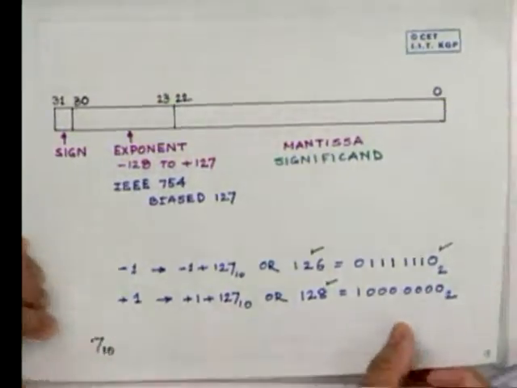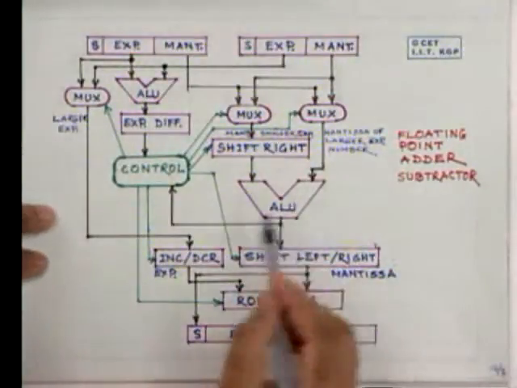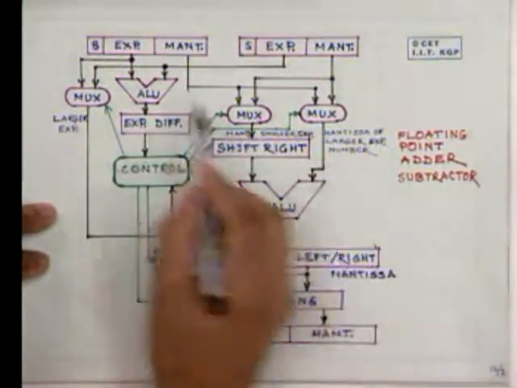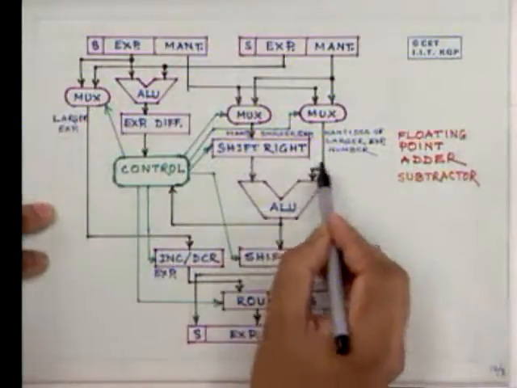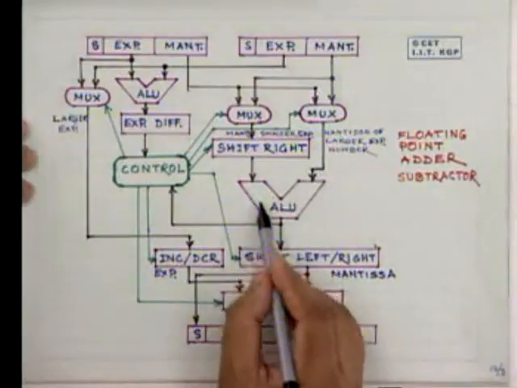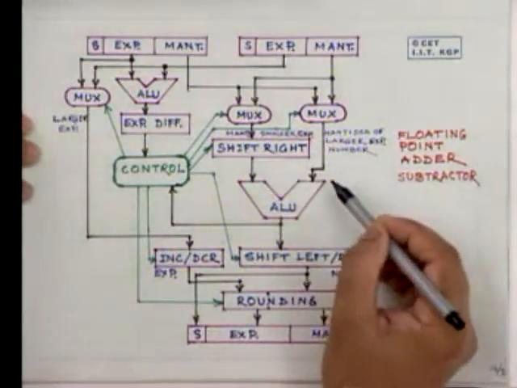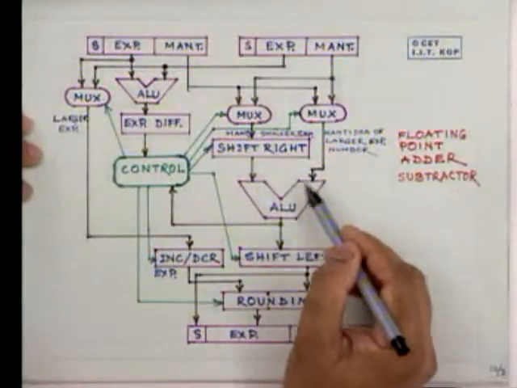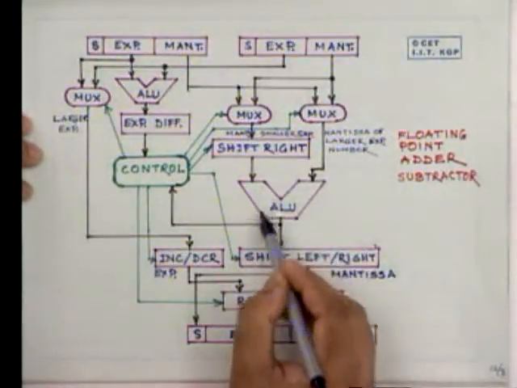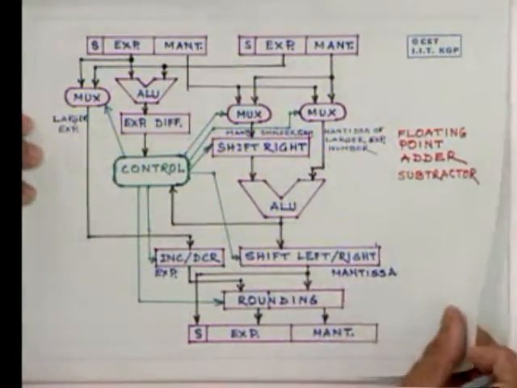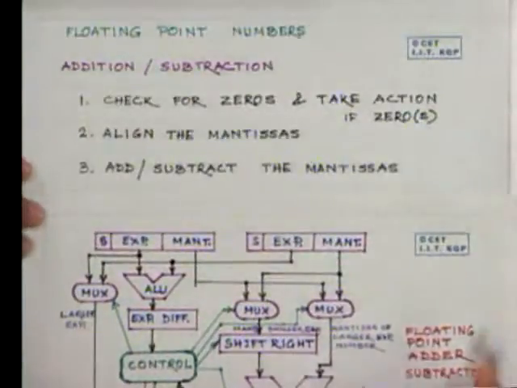Therefore, the two numbers come with the mantissas as well as their sign bits as the input of the ALU, and the ALU then does the actual operation depending upon the magnitude and the sign of the two operands and the operation that is involved in it.